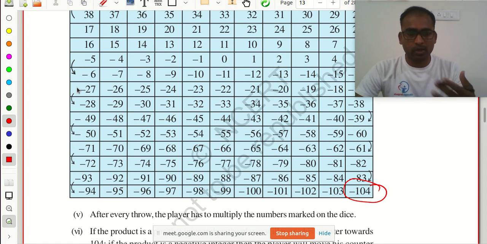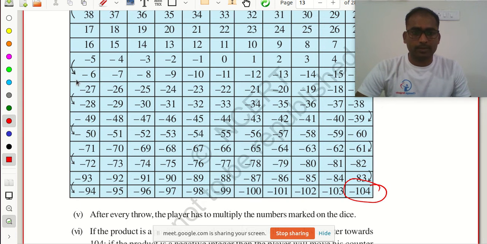Now we two are friends. I will take the dice and throw 2 dice. After that I will do the product of the 2 numbers. See here, you understand this game. So I will throw 2 dice and get 2 numbers on the dice.